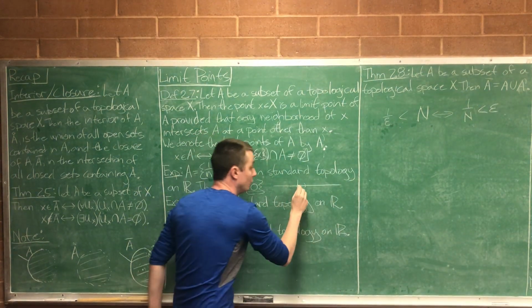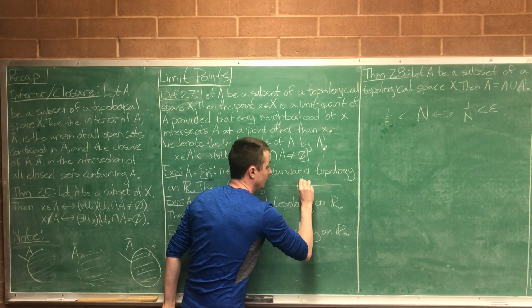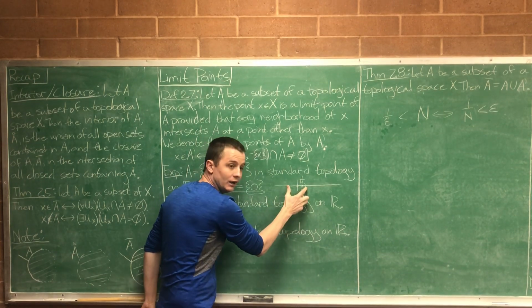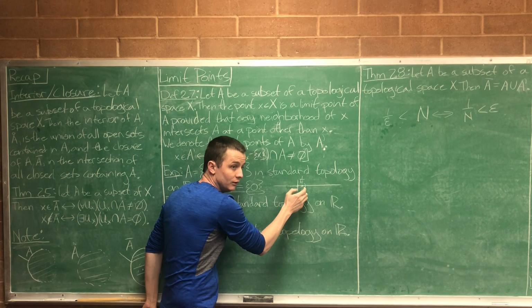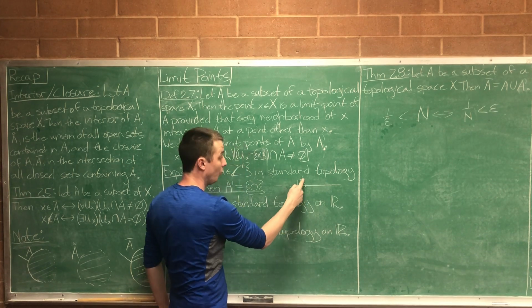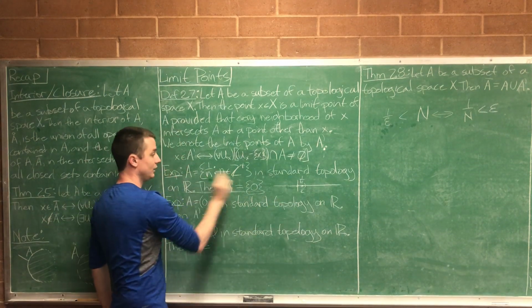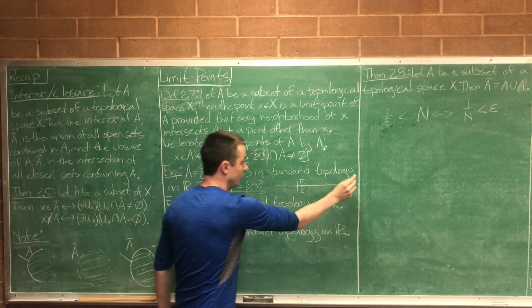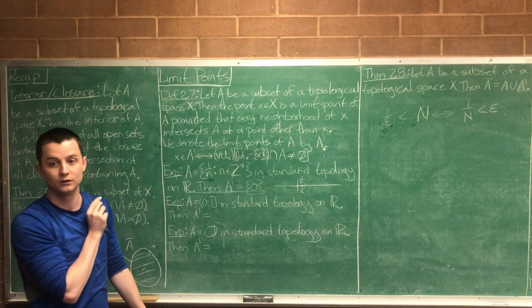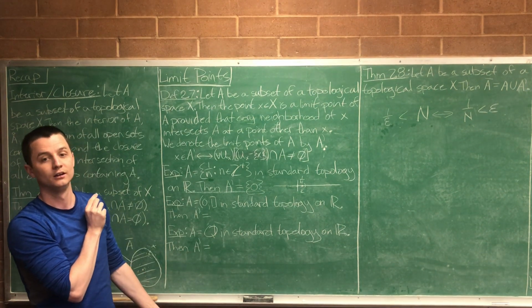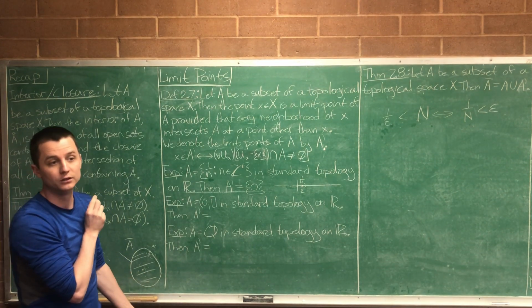So 1 over N, I know is in here. It doesn't matter how tiny of an interval you take around there, I can always find a 1 over n in there. This 1 over n is going to be in A. A is the set of all of those. Here's a particular one. We found one. And is that 0? No, so we found one that's not 0.